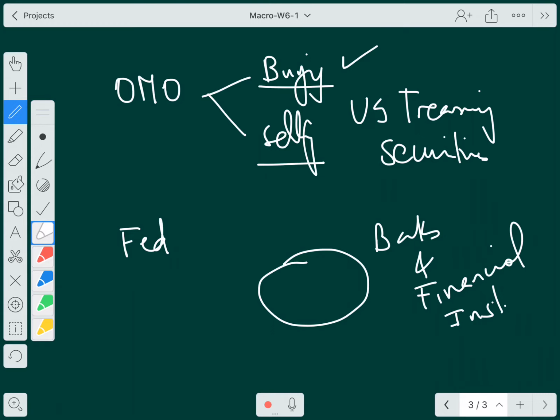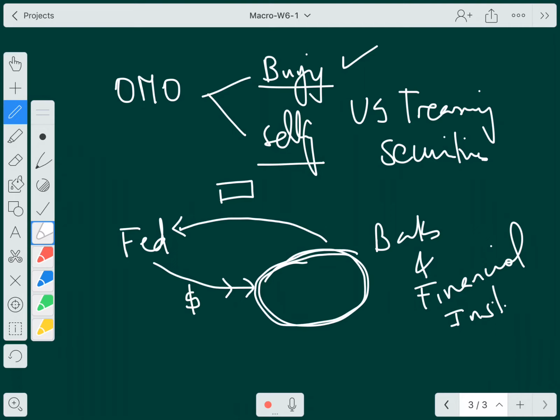If they are buying the US Treasury securities from these banks, then they are basically taking a piece of paper, which we call the Treasury security, and they are giving back money in return for this piece of paper. So they are putting money inside the balance sheets of these banks.